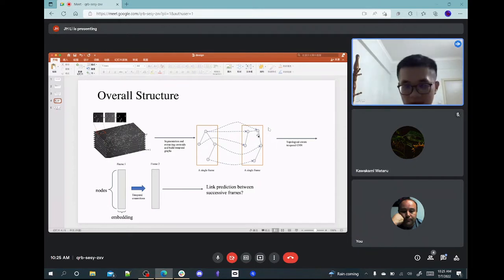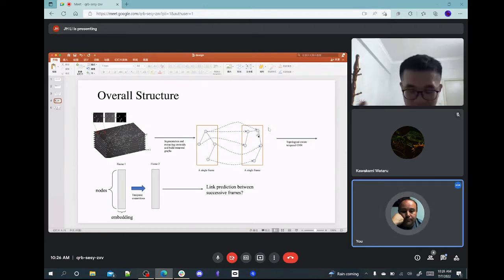So this RNN will take two inputs, which are the high-level embedding of this node and another embedding of this node. It will combine these two embeddings and output a higher-level embedding of this node. In this way, this RNN will pass the message from this frame into the next frame.